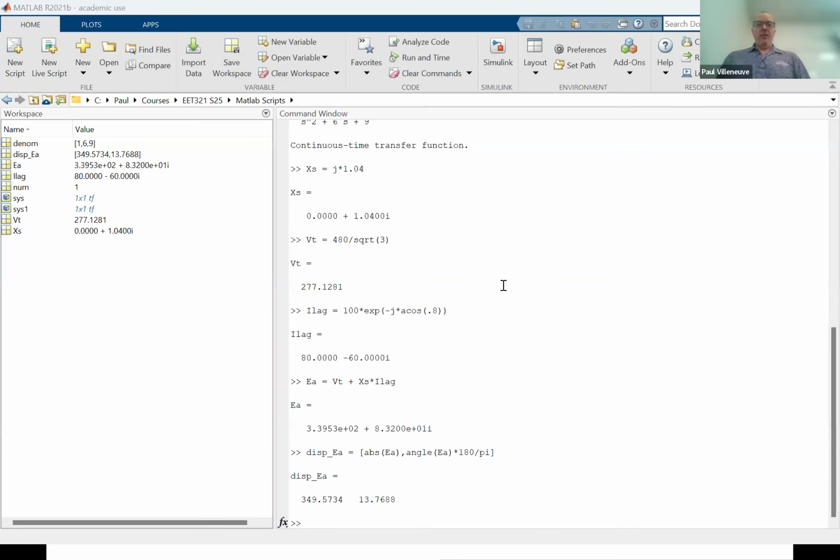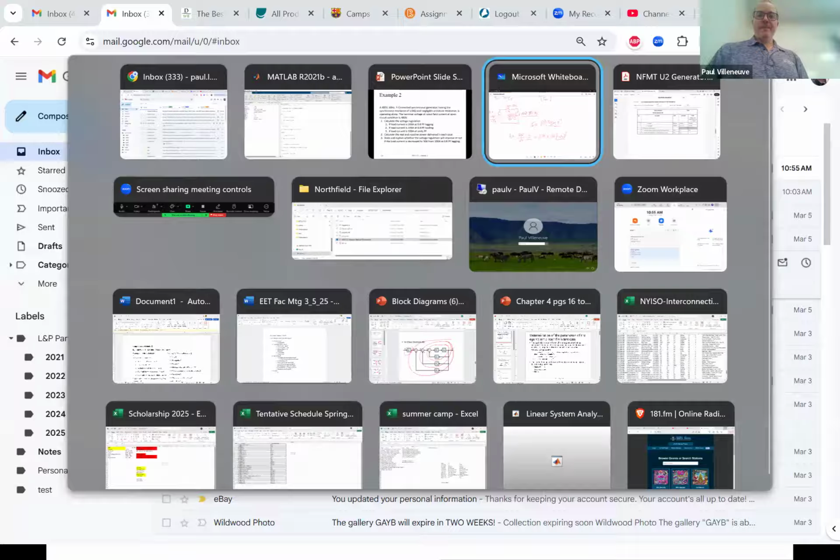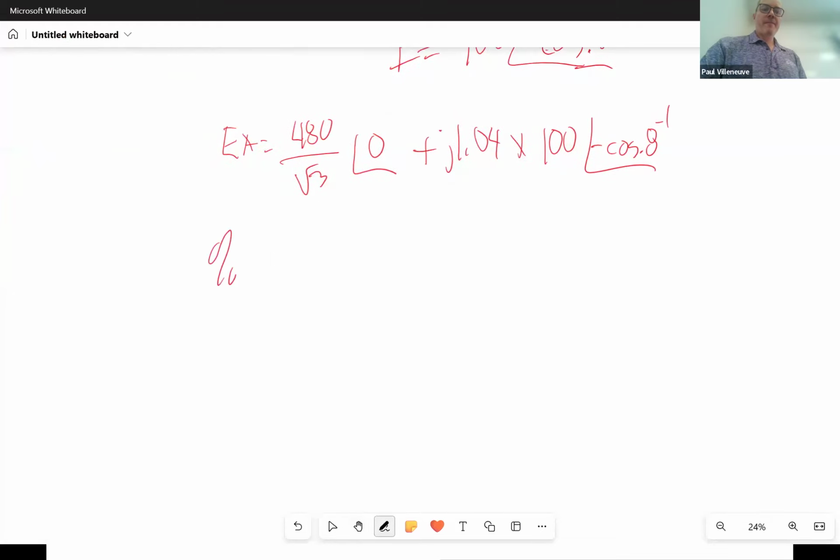So my percent voltage regulation calculation is V no load minus V full load, all over V full load, times 100%. That's another way to say EA minus VT over VT times 100.